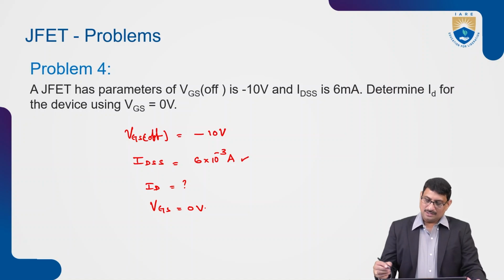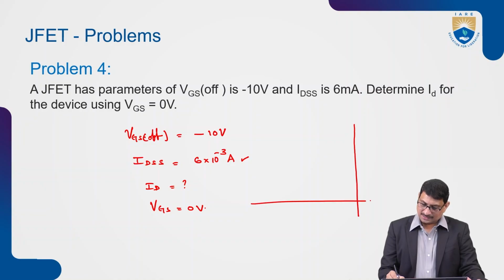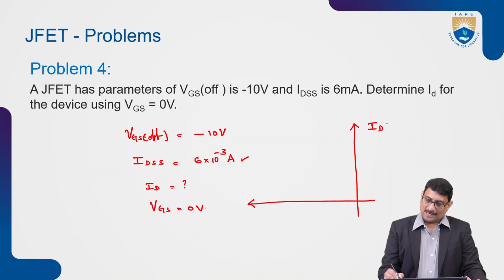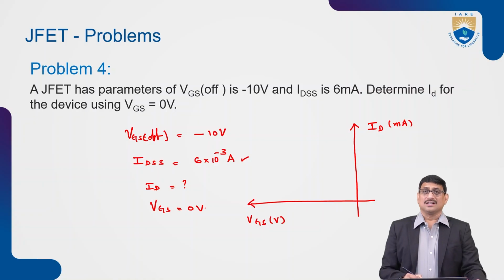If you look at the N-channel JFET transfer characteristics, it is a graph between ID versus VGS. I am drawing the transfer characteristics graph of an N-channel JFET. When VGS is equal to 0 volts, ID is maximum, which is called IDSS.